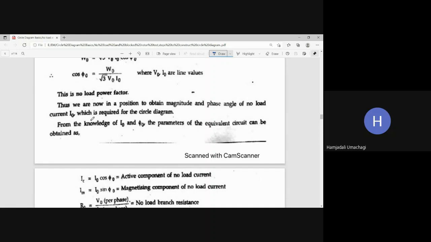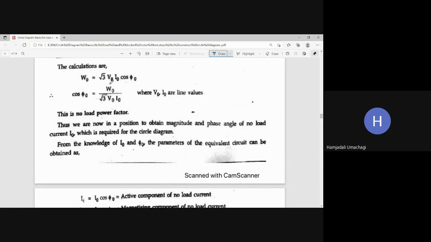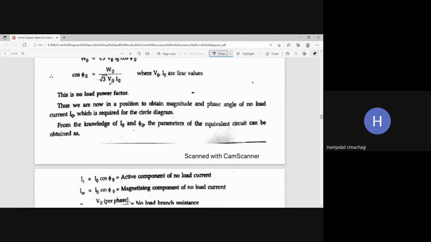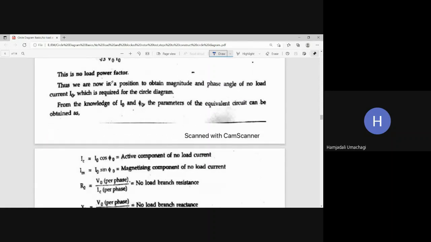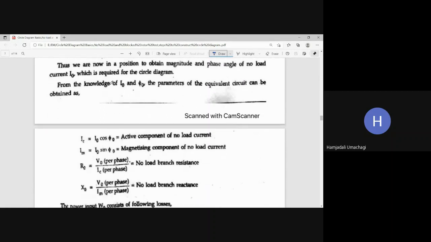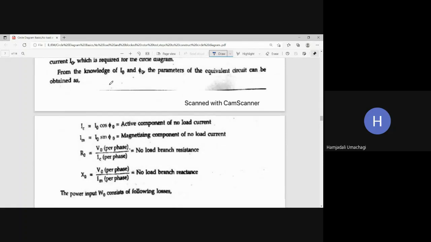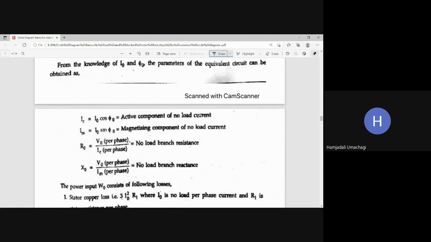So once we calculate cos phi naught, I naught, V naught, using these we will calculate different parameters related to the magnetizing branch of the equivalent circuit of the three phase induction motor. The active component of the no load current, IC, is given by I naught cos phi naught, where I naught is the no load current and cos phi naught is the no load power factor.